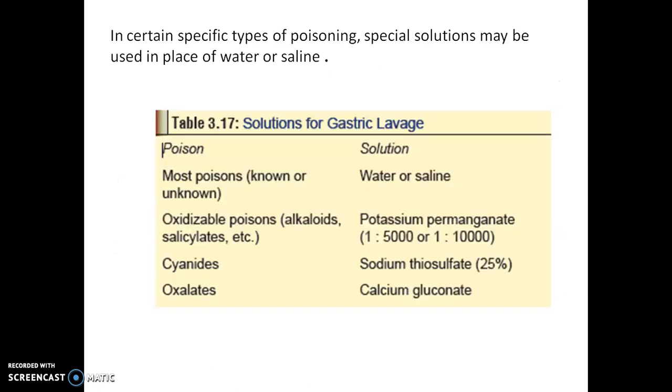In certain specific types of poisoning, a special solution may be used in place of water or saline in the gastric lavage. For most poisons, known or unknown, we can use water or saline, but water is contraindicated in children. For example, for oxidizable poisons like alkaloids or salicylate, which can undergo an oxidation reaction, it's better to use potassium permanganate, in a 1:5,000 or 1:10,000 ratio.